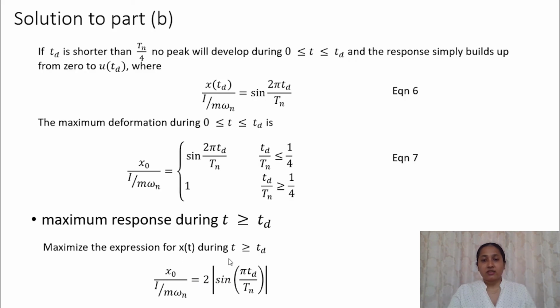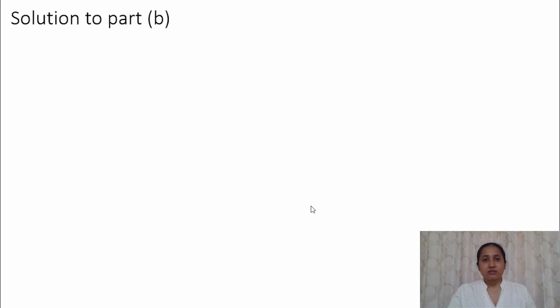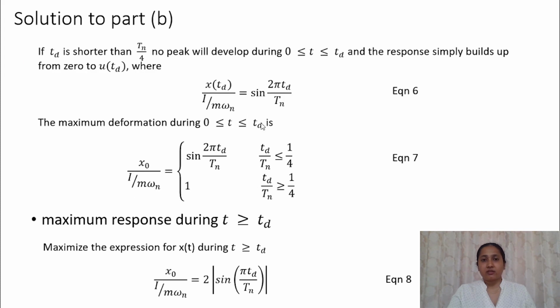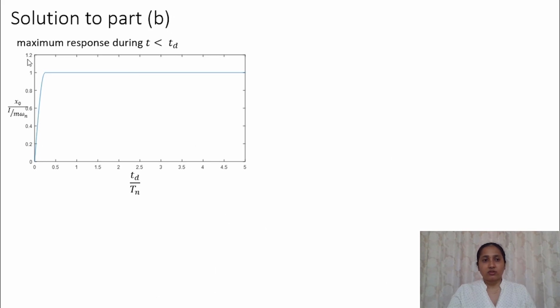So xt when t is greater than Td has a maximum value of I by m omega n multiplied by this. That is the maximum value when t is more than Td. So let's plot these. The maximum response during t less than Td, as given by these two equations, is plotted here.